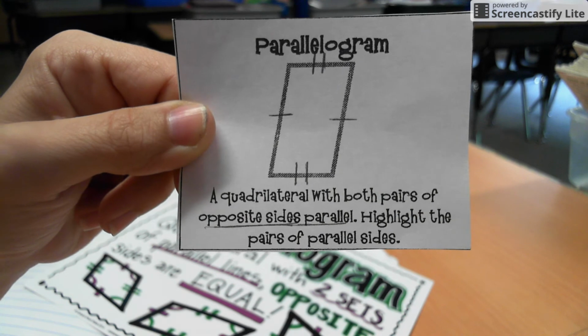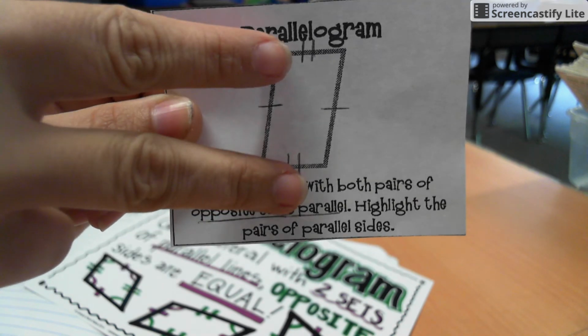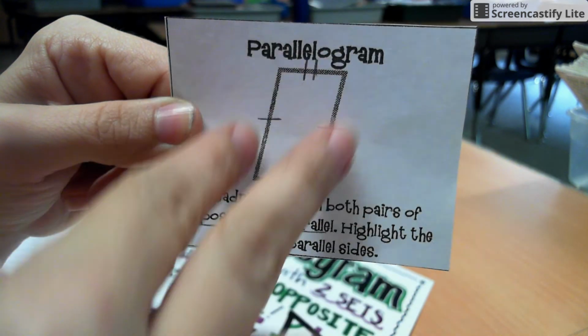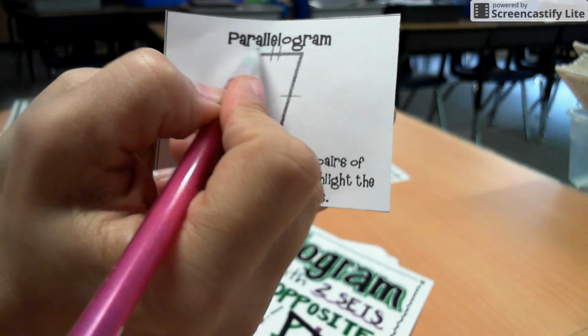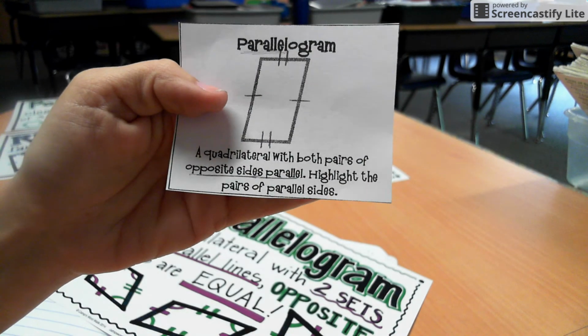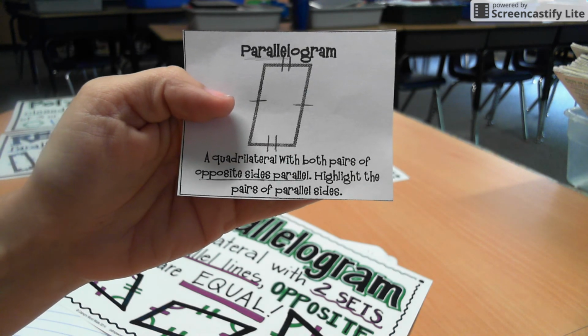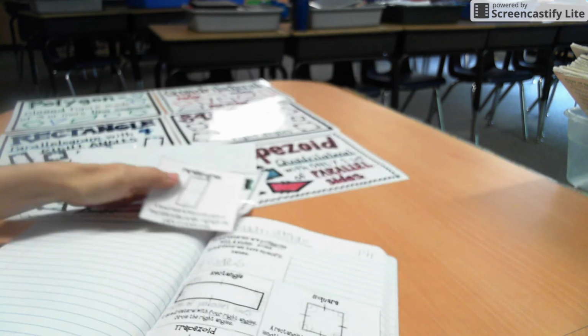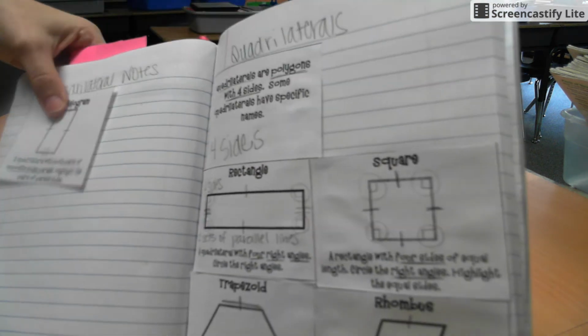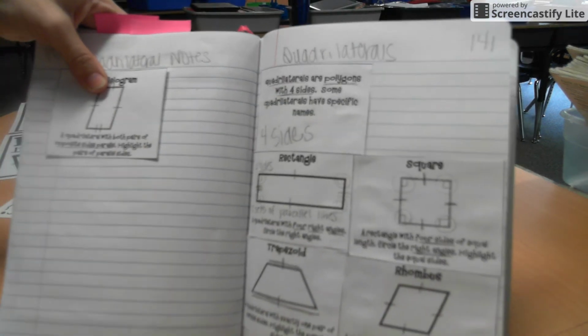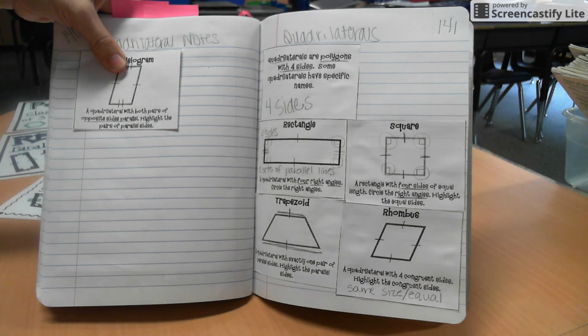They're not parallel to each other. This one's never going to touch this one. This one's never going to touch this one. That's why it has the word parallel in its name. It is a parallelogram. So let's glue that one at the top of page 140. So then it'll look like that.